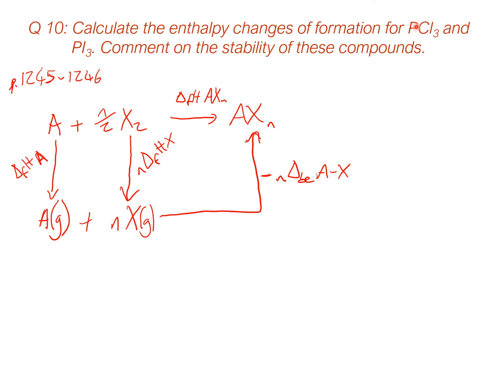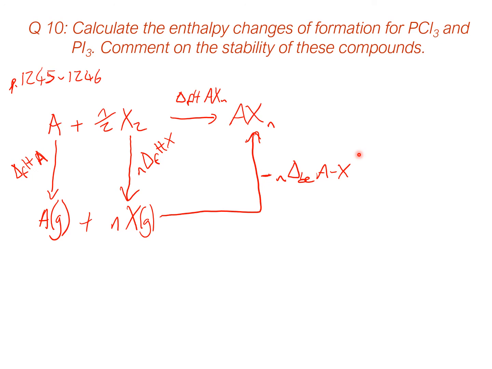So rather than being an infinite lattice with so much energy in it, covalent compounds are much more discrete. It's just PCl3, and the energy is just contained in the covalent bond between the phosphorus and the chlorine. In much the same way that we'd use the minus lattice energy, we're using minus the bond enthalpy.